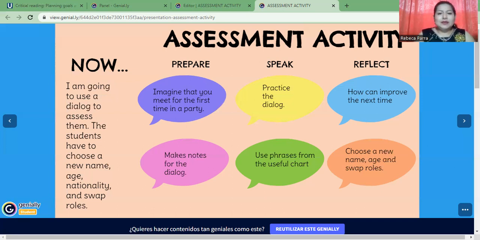Finally, in this assessment activity, the students use natural, real language. For example, they use basic aspects such as name, nationality, and age in the introduction, demonstrating the application of the authenticity principle. In conclusion, this assessment activity follows and respects the principles of assessment, demonstrating their importance in the teaching and learning process.